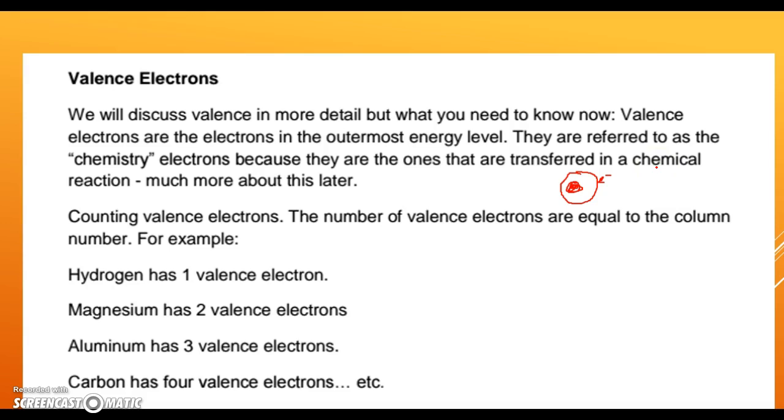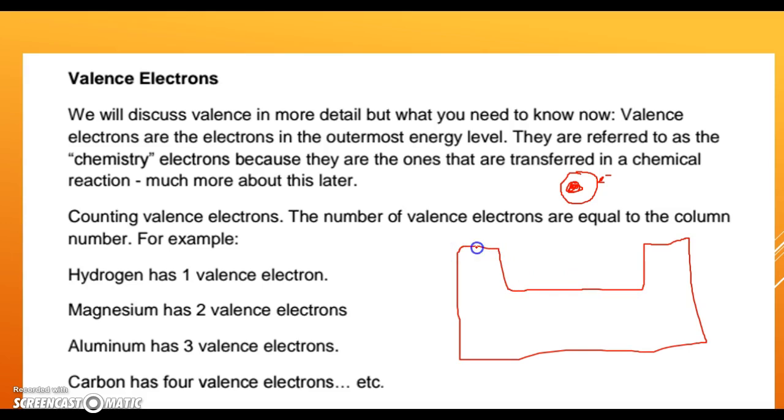What's most important is that we count valence electrons and we know how many valence electrons are in each element. So you're going to number these based off of the periodic table. The periodic table kind of looks like this. It's not perfectly straight, but it essentially comes down here in the middle. And then the first column's over here, so we have 1, the second column's here. We're skipping all of these transition metals in here.